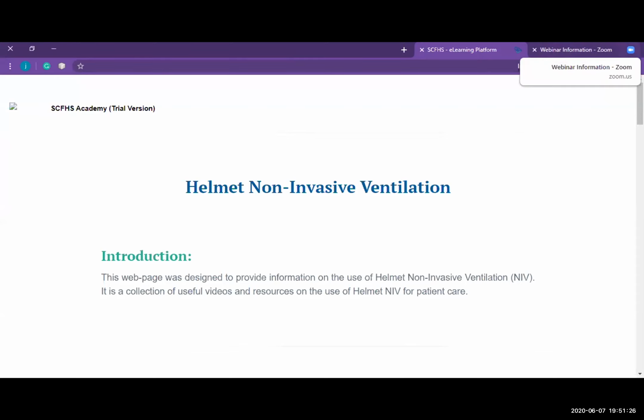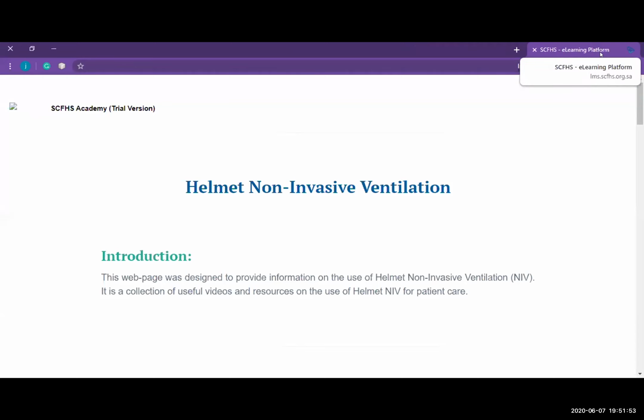We already answered this. From your experience, Tariq, how effective is the helmet compared to face mask or BiPAP with COVID-19 patients? Actually, with our experience in our ICU, we see it's much better than the face mask, and we see a lot of patients getting much better with the helmet, and we did avoid intubation in many cases.